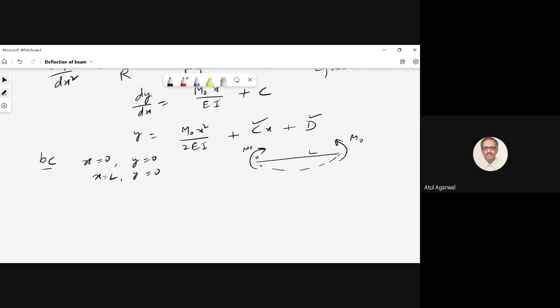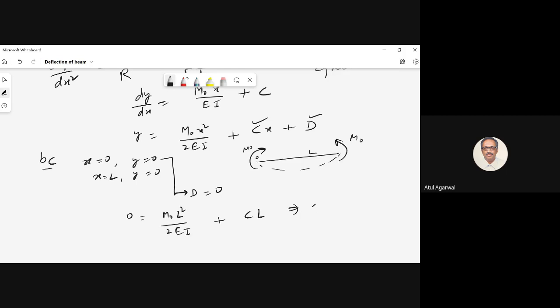Once we put x is equal to 0, it makes d is equal to 0. So the first boundary condition leads to d is equal to 0. Then for the second boundary condition, we put 0 is equal to M naught L square by 2EI plus cL.